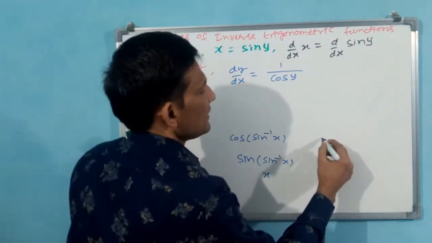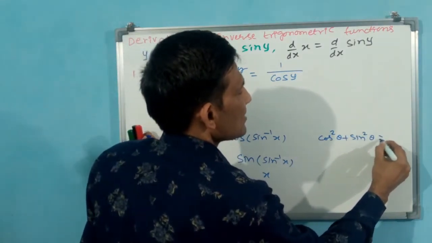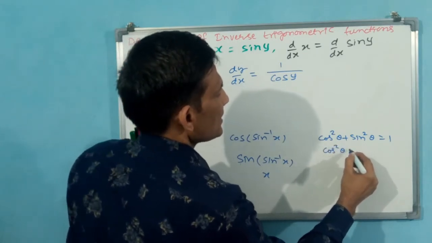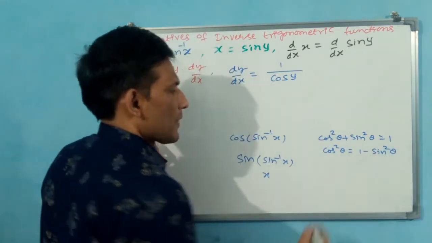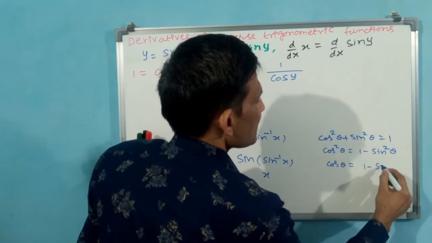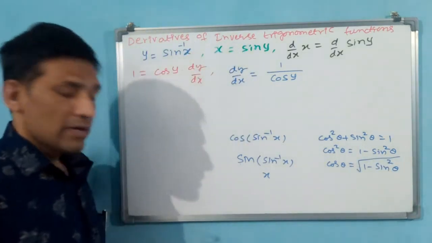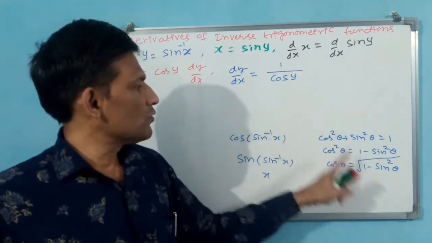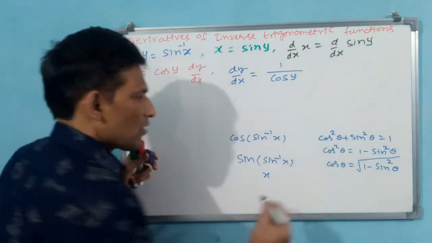How to convert? You see, cos square theta plus sine square theta is equal to 1. Cos square theta is equal to 1 minus sine square theta. Cos theta is equal to square root of 1 minus sine square theta. Is it okay? Now theta you take as y. Cos y is equal to square root of 1 minus sine square y. Sine square y means what you are going to write here?